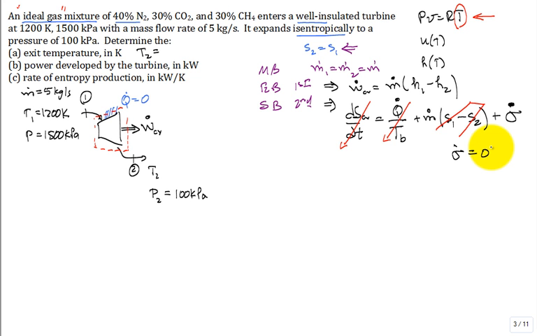Okay, a little bit of a dead end, but not too bad. I want to get T2. How do I get T2? Basically, I recall a property for ideal gas, S2 minus S1 must be equal to 0. The change in entropy of the fluid, the ideal gas mixture flowing through the system, must be equal to 0.